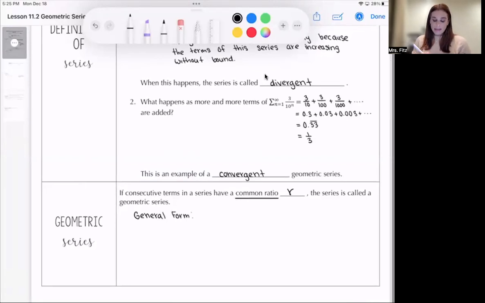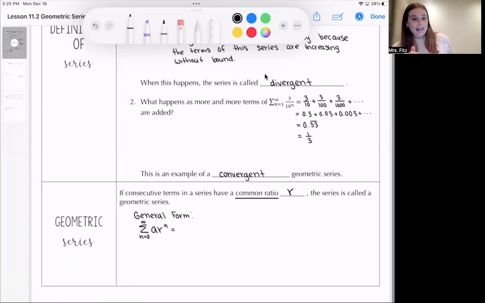You will have the sum from n equals 0 to infinity. It doesn't actually have to be indexed at 0. It can be indexed at whatever you want it to start at. In this case, it's being indexed at 0. And it's of a times r to the nth power, where r is that common ratio.